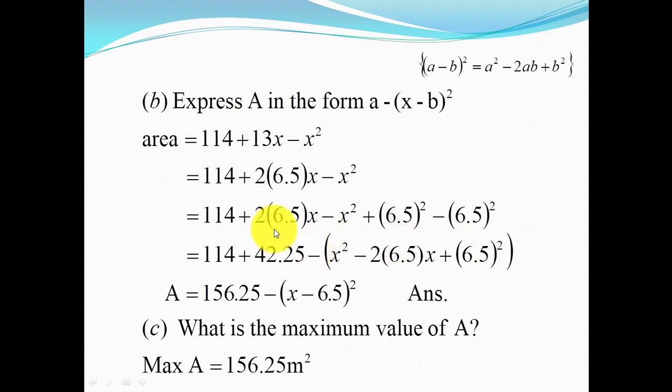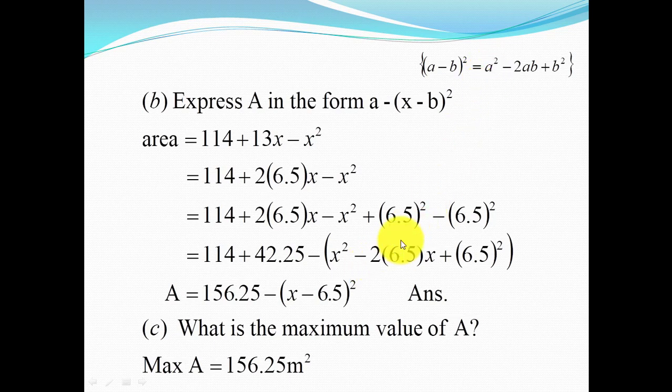Now take negative common from the second, third and the last term, then we get this, and the first and the fourth term are written here, and the square of 6.5 is 42.25.